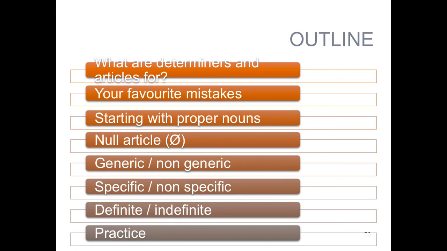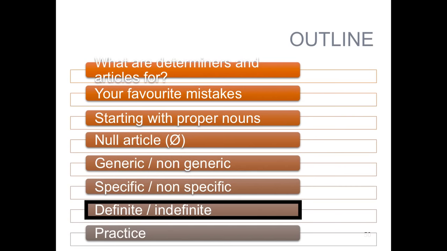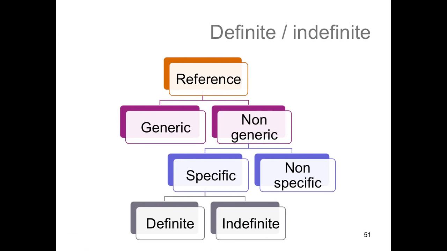Indeed, a final distinction must be made between definite and indefinite references. So the first thing you should remember is that this distinction only concerns specific noun phrases. Inside a non-generic specific reference, a reference can be definite or indefinite.